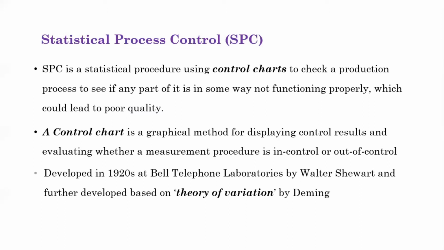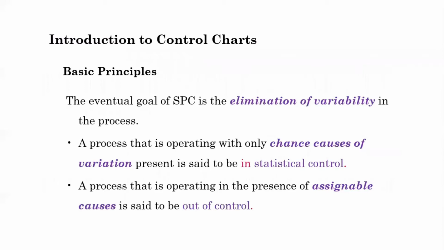Initially, there were some weaknesses in the control chart developed by Shewhart, but Deming associated it with his theory of variation. Deming emphasized that we need to reduce variation between our products, and in order to do that, we could use the control charts developed by Shewhart. That was the logic that Deming followed, and it is widely accepted.